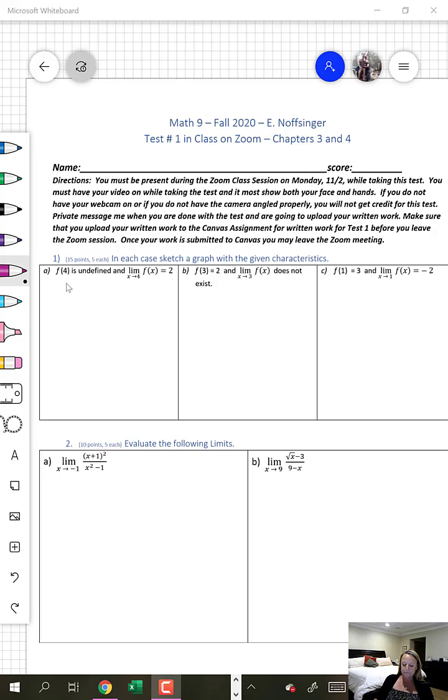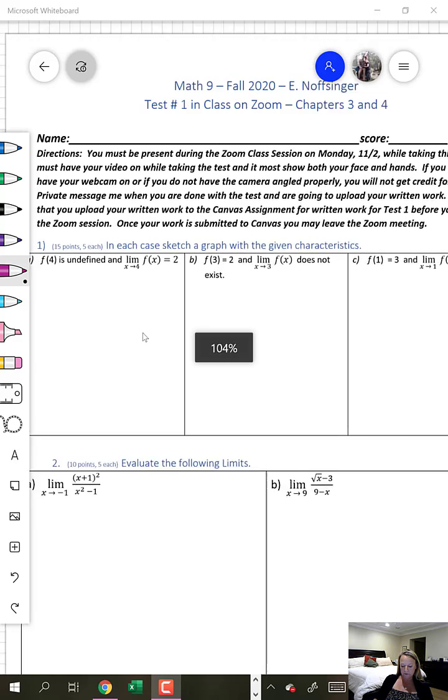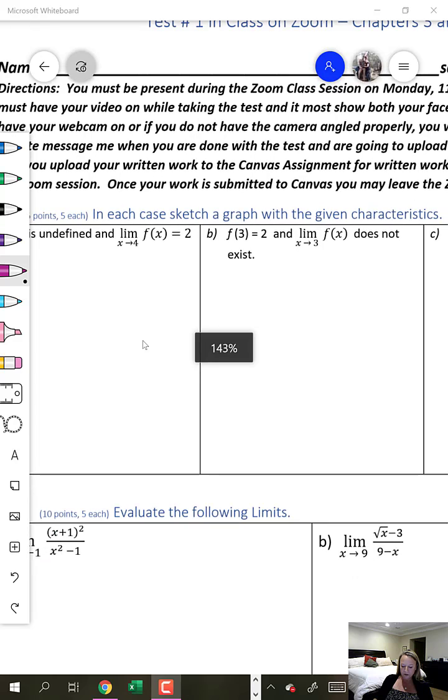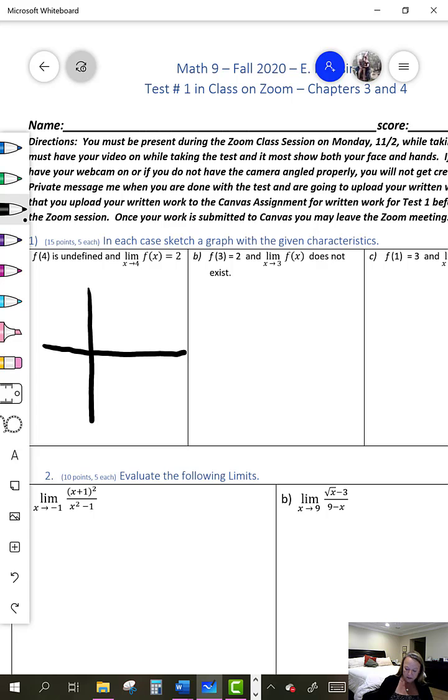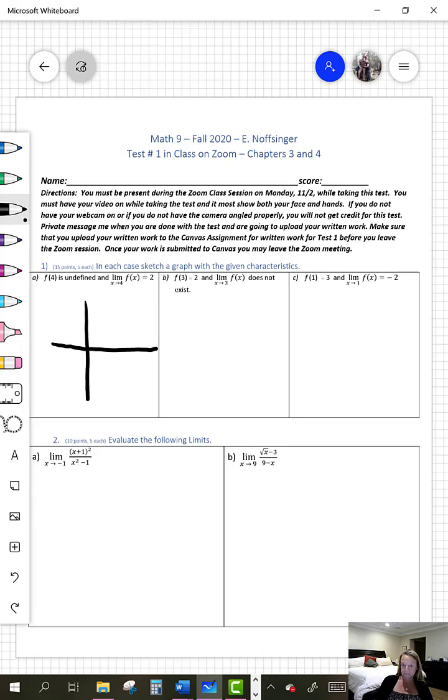And so we're given that f of 4 is undefined and the limit as x is approaching 4 of f of x is equal to 2. So since f of 4 is undefined and we know that we're approaching, hopefully that will start writing. So let's look at this when x is equal to 4.